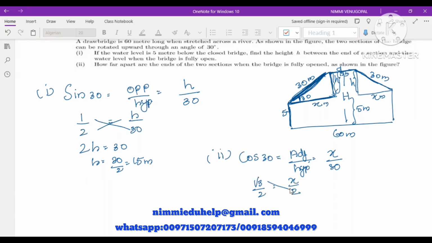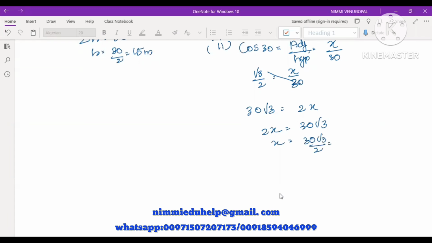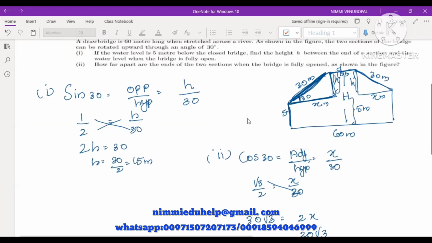Cross multiply: 30 root 3 is equal to 2x. So 2x is equal to 30 root 3. x is equal to 30 root 3 by 2. You will get 15 root 3. That means from here to here it is 15 root 3, and from here to here also 15 root 3.